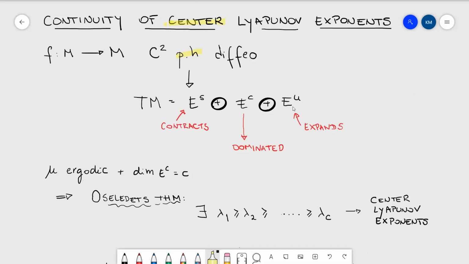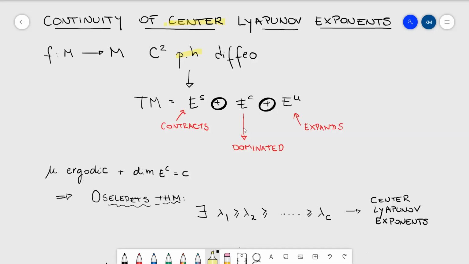What this means is if I have a contraction here, it's not going to be as strong as the contraction here. If I have an expansion here, it's not going to be as strong as the expansion here. Okay. But it could be that I have neither of them. So in general, I do not have much information about what happens in the center bundle.